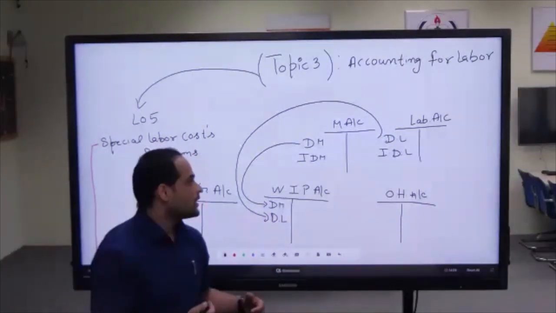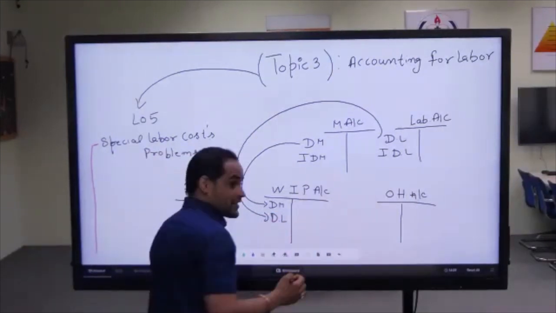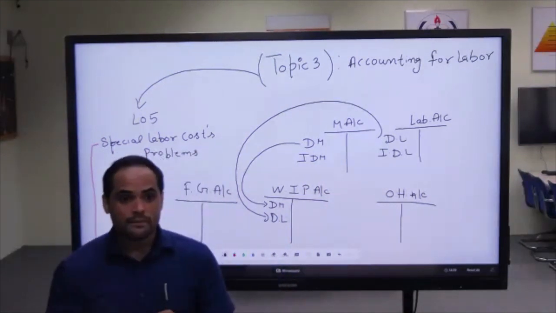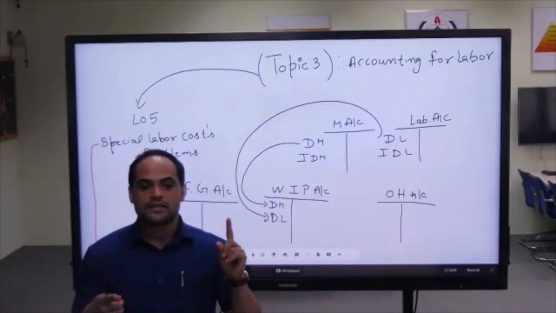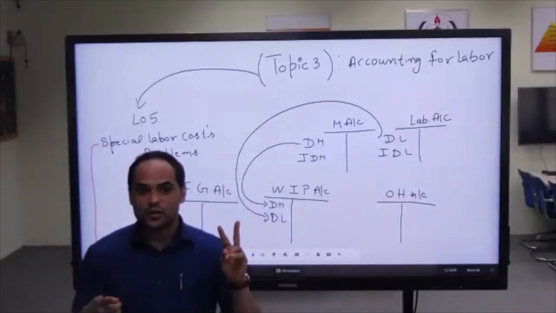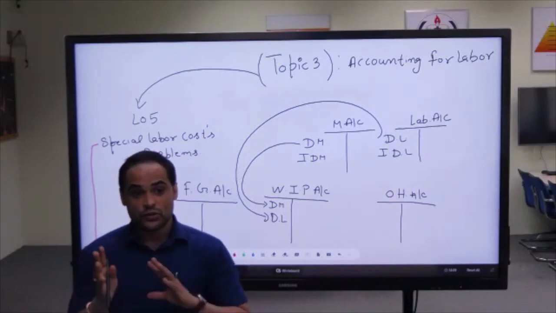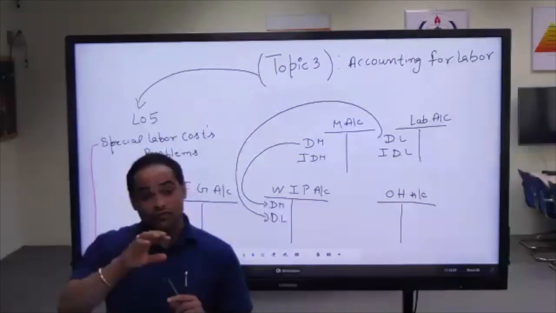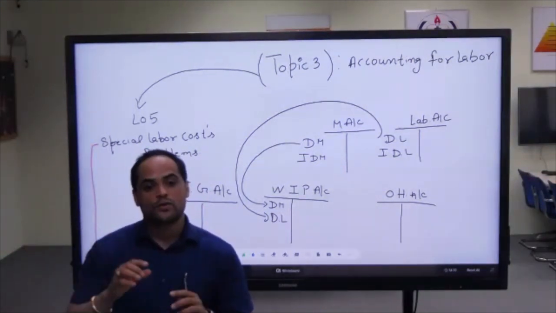All right. And overheads. Remember when I explained to you about topic 1, you learned about the different kinds of cost: direct material cost, right? Indirect material cost, direct labor, indirect labor, direct expense, indirect expense. So the idea is that overhead cost is a combination of indirect material, indirect labor, or any other kinds of cost.